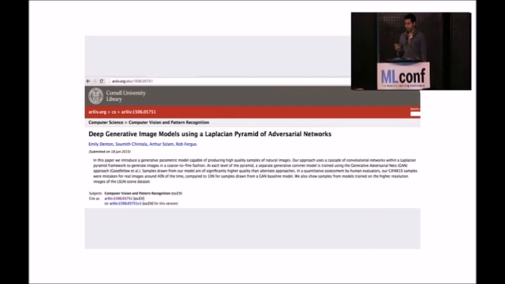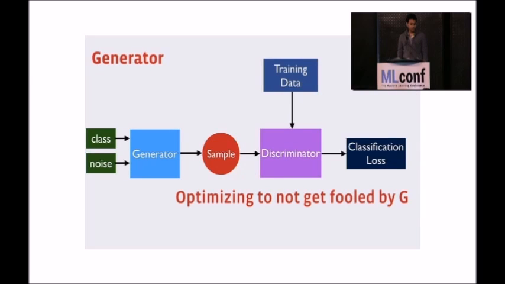So what we did 6 or 7 months after that is we built a new model that we published at NIPS the next year, the same conference, in 2015. And instead of just taking noise as input for your generator, we also take the class that you want to generate.